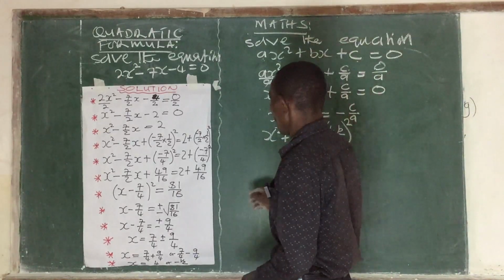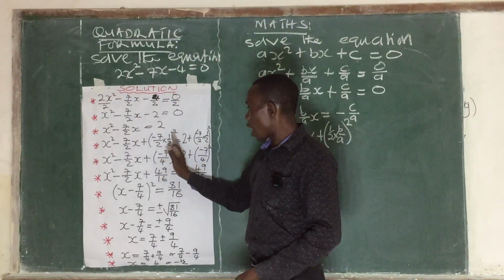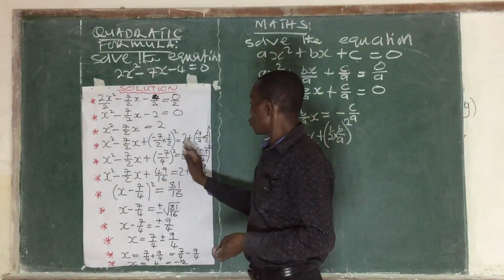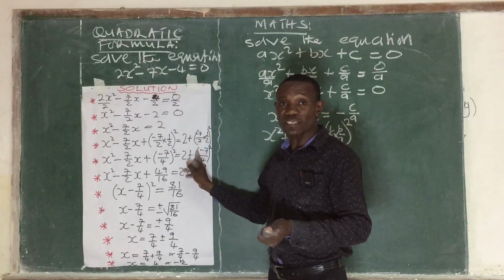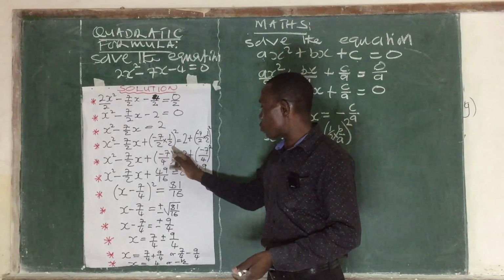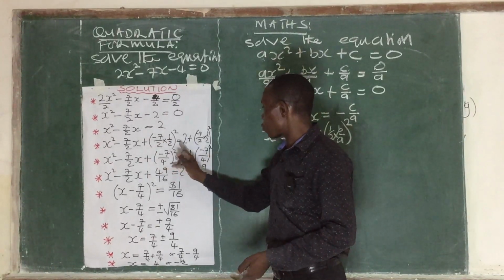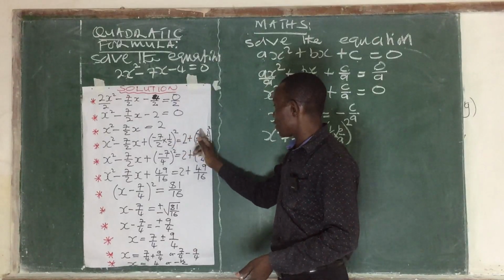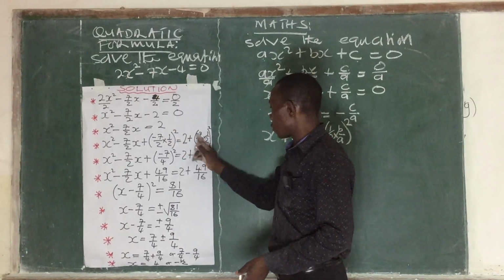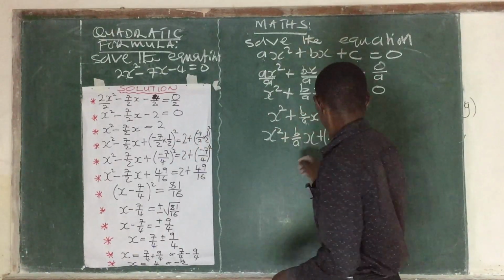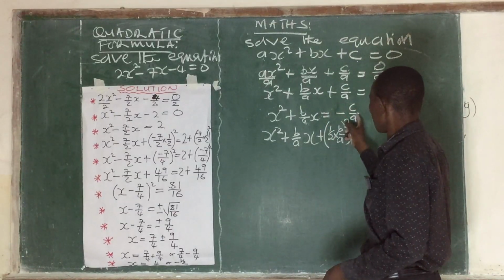From what I said, if you're adding a term on one side of the equation, you should also do the same on the other side to balance up the equation. So we have this one added to this. Adding this one to the left-hand side is the same situation that we have here. So we also do the same on the right-hand side.